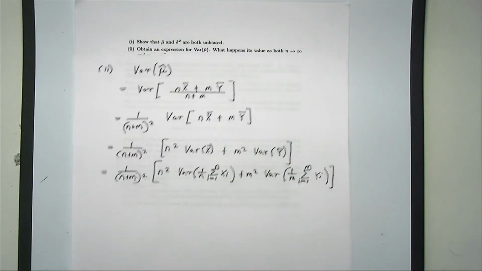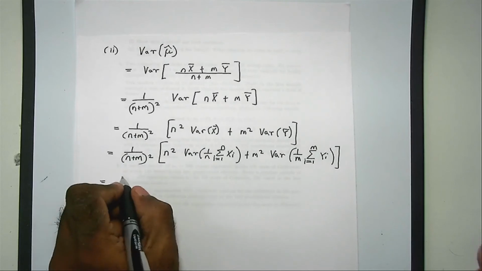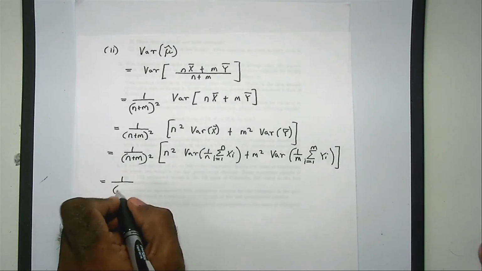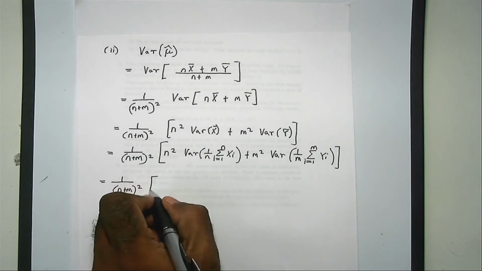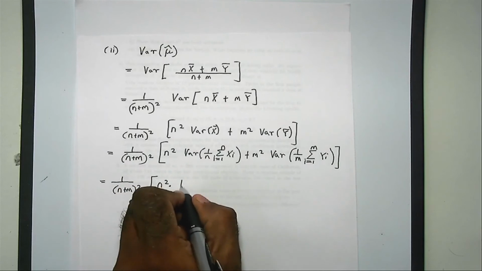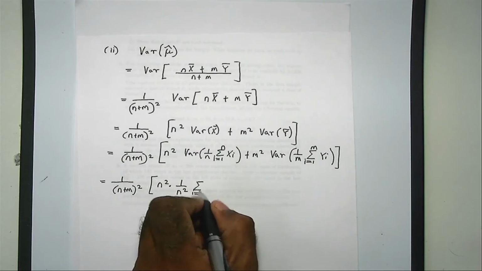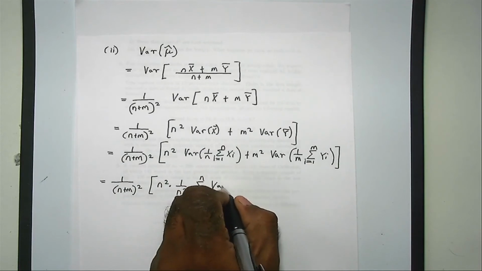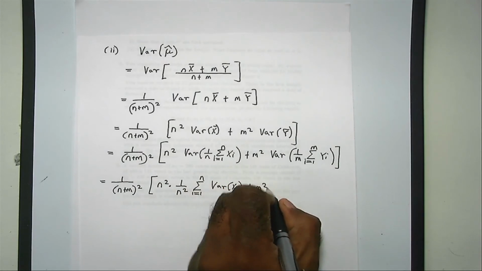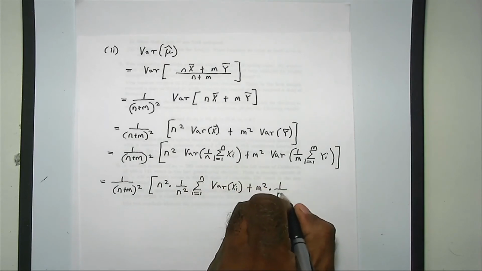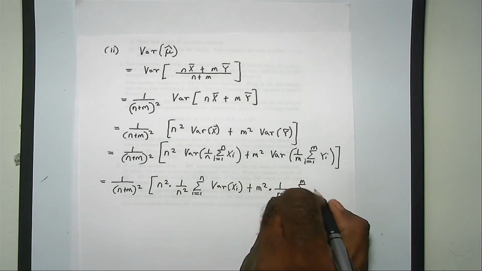Okay. Now taking the variance inside the brackets, you will get n squared times 1 over n squared times the variance of xi plus m squared times 1 over m squared times the sum of the variance of yi.